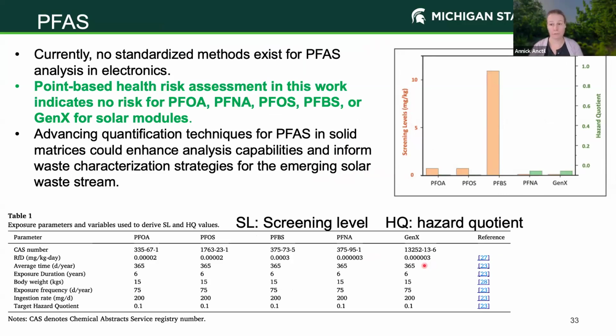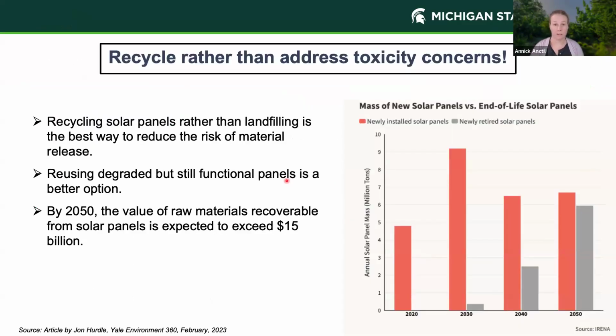So what we found from this work, in the worst case scenario for solar modules, we see that there would be no risk because they would be in really, really small concentration, and it's mostly PFAS that are non-toxic that would have been used, and mostly in the backsheet or in places that are unlikely to leach. But overall, we shouldn't get those chemicals to leach or end up in landfill and so on.